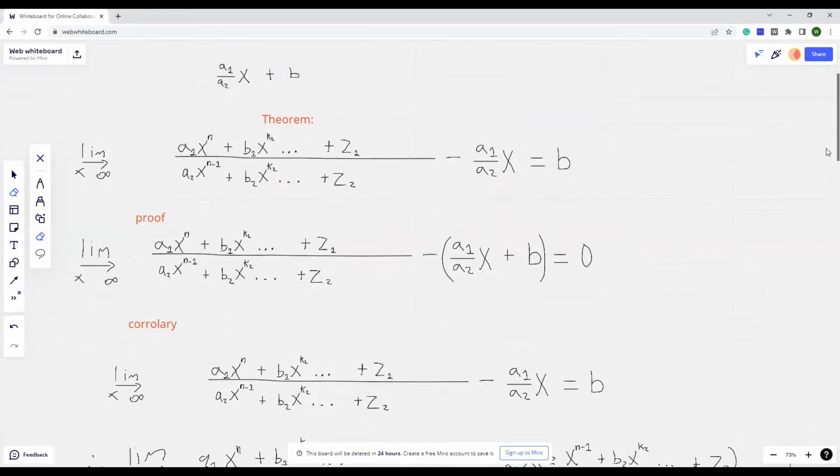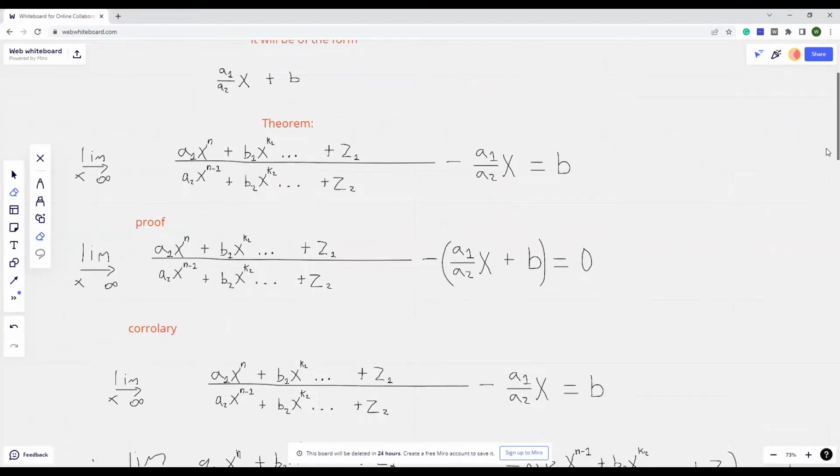By definition, as x approaches infinity, the difference between the linear equation for the oblique asymptote and the graph of the original function, the ratio of those two polynomials, approaches 0, because the ratio of those two polynomials is simply going to approximate the linear equation as x approaches infinity.